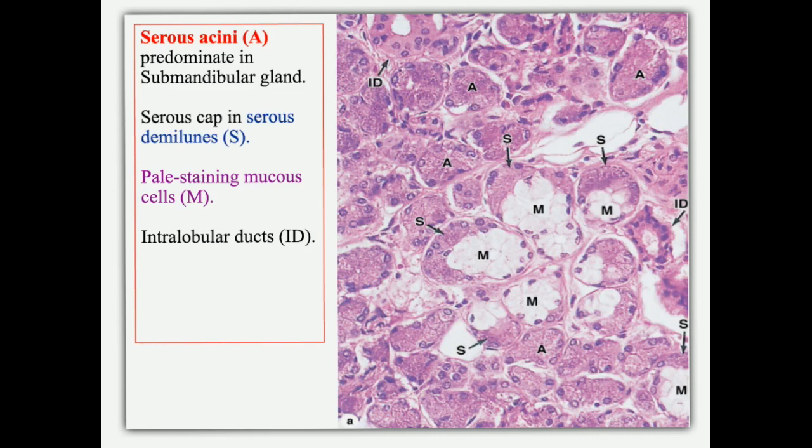We have just the acini, the ducts, and the other less numerous type, which is the mucoserous acinus.